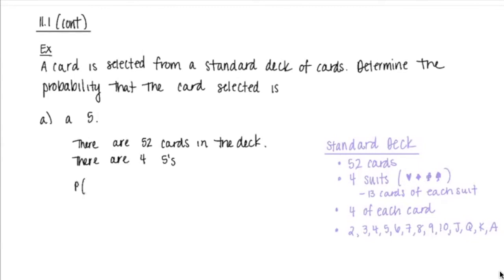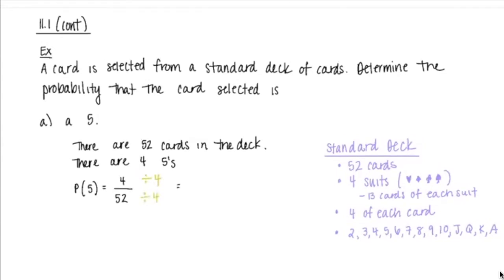So the probability of getting a 5 is 4 out of 52. You can simplify this a bit. Top and bottom are divisible by 4, which gives you 1 in the numerator, 13 in the denominator. So you have a 1 in 13 chance of pulling out a 5.